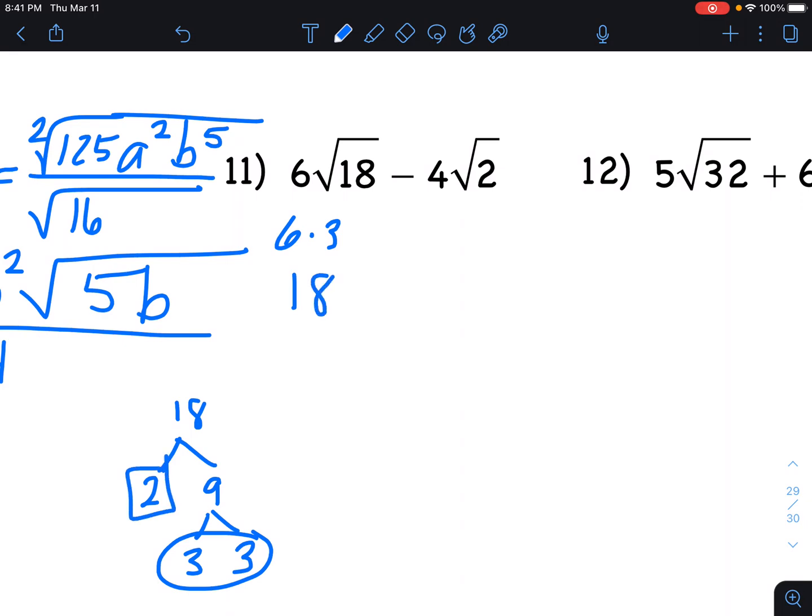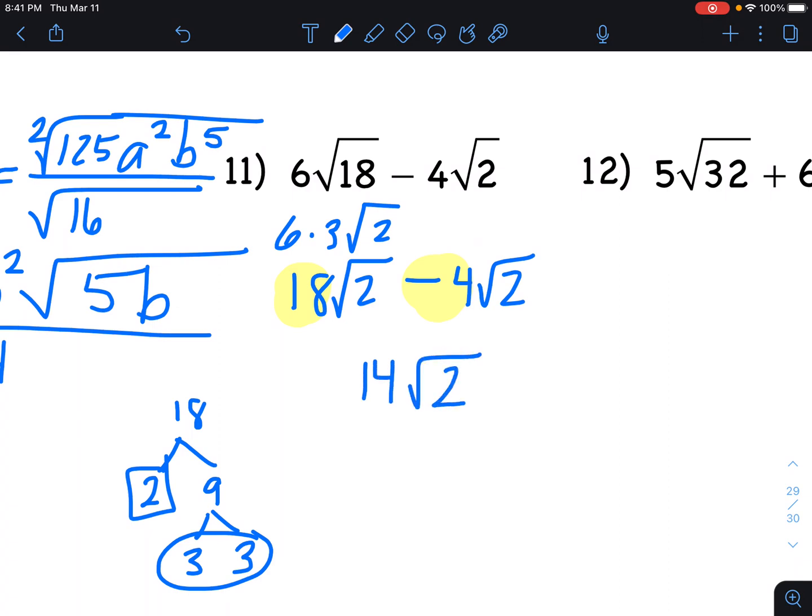And then this 2 does not get paired, so the 2 stays in the radical. And then look, when I bring that down, the 4 root 2, they are like radicals now. They both have a square root of 2, so we are allowed to subtract their coefficients. So we're doing 18 minus 4 is 14 times the square root of 2 is your answer.